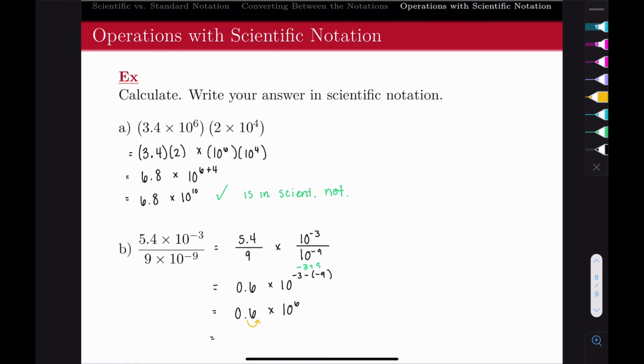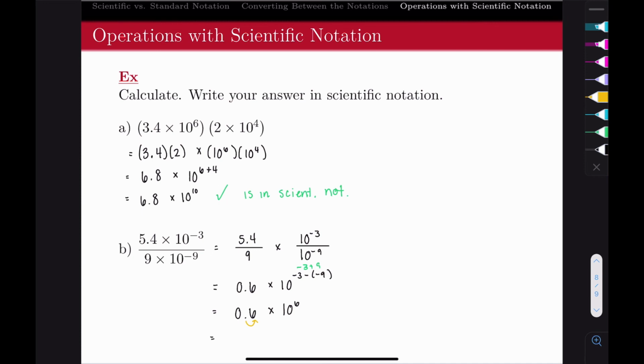Because it's not such a super high power, you could write this out in standard notation and then convert it back to scientific form. Or we can think about this more abstractly and figure out, what does moving this decimal do to my exponent? So I'm going to start by doing the abstract, and then I'll show you it works the same if I convert it.